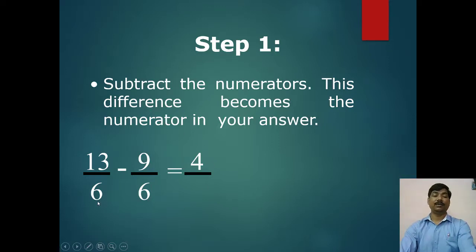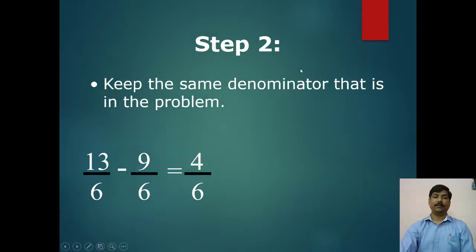What about the denominator? As I already told you in the second step, keep the same denominator as in the problem. There will be no change in the denominator. So the difference of 13 upon 6 minus 9 upon 6 will be equal to 4 upon 6.